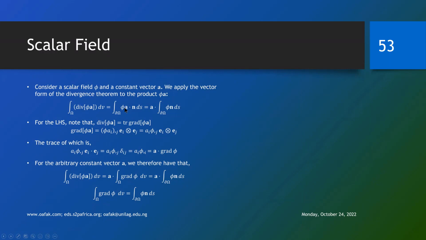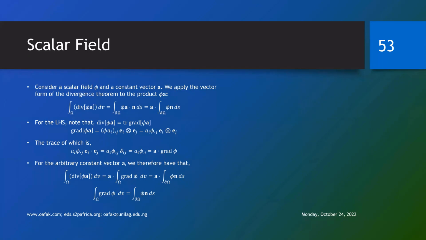Now, because A is a constant vector, by our hypothesis, we can take A dot out of this integral. Any constant can be pushed in or pushed out of an integral with no consequences.